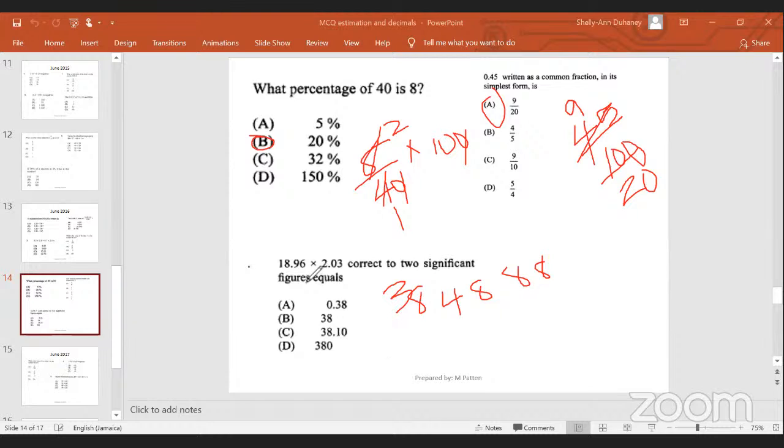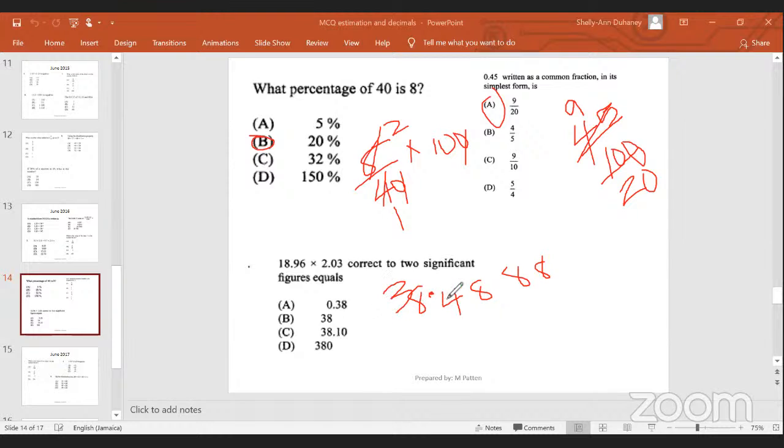So when I put in the decimal place, how many decimal places are there? 1, 2, 3, 4. So the decimal point comes right here. All I did, guys, was multiply 1,896 times 203. Then I put the decimal point, and this is what I would have gotten.